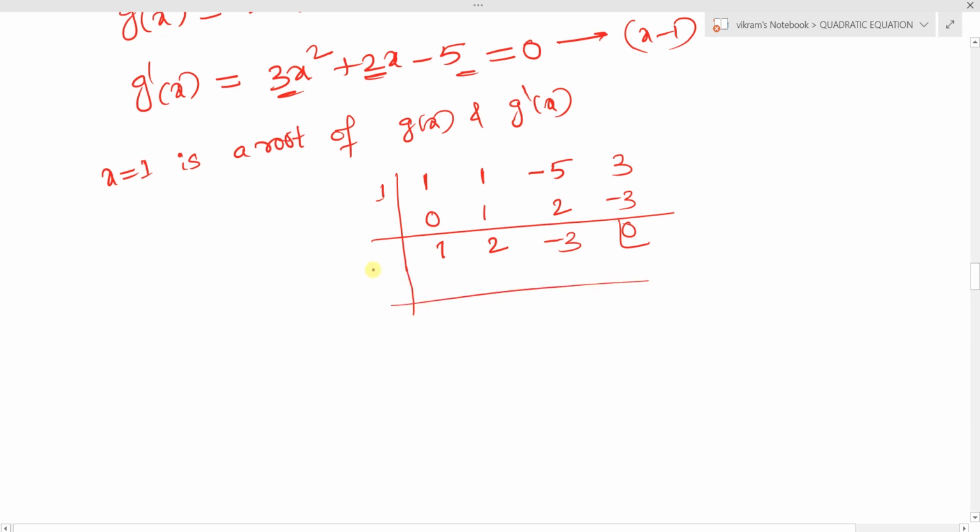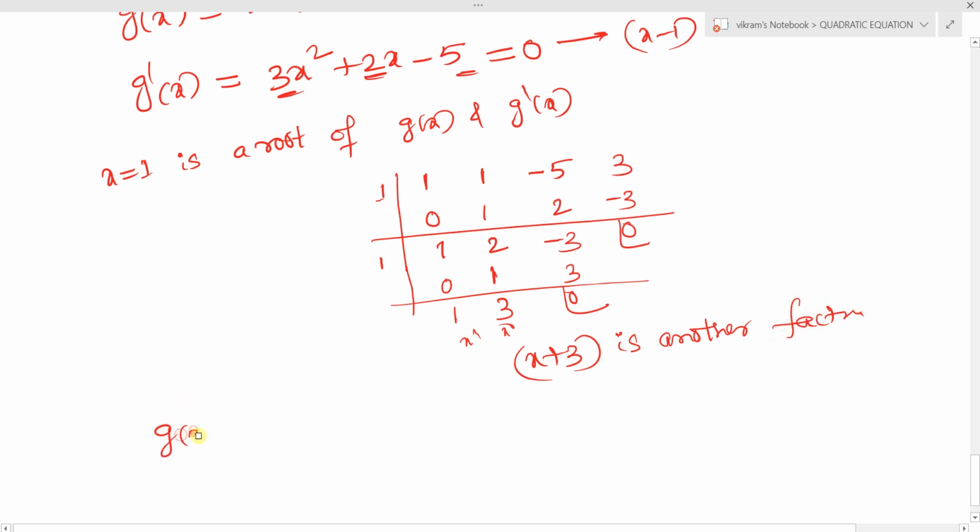So if 1 is a root, then 1, and if we add these two we'll get 3, and plus 3 is 0. So that means x power 0 and x power 1, that means x plus 3 is another factor. Okay, is another factor.